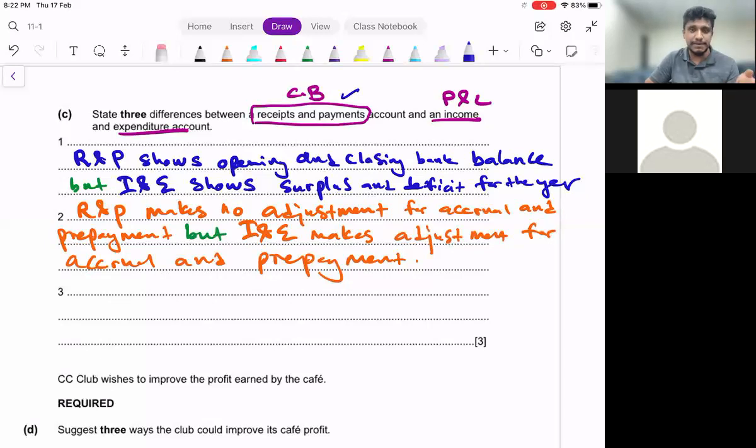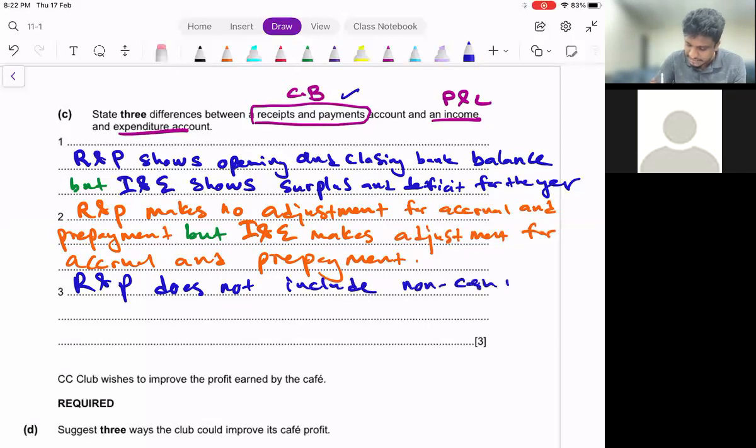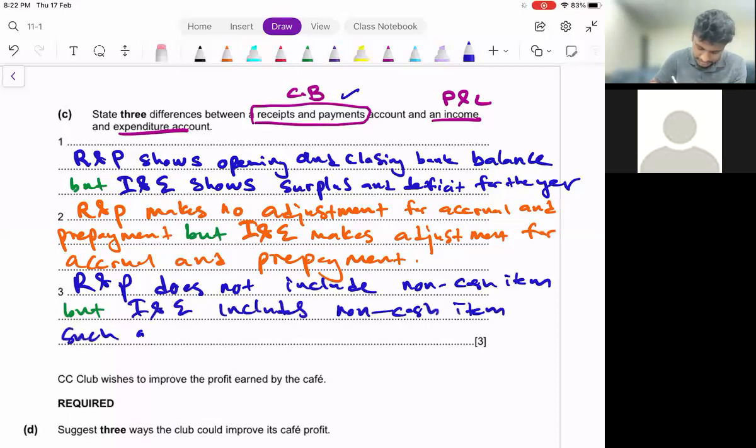But in an income and expenditure, we include all the non-cash items such as depreciation. So receipt and payment does not include non-cash items, but income and expenditure includes non-cash items such as depreciation.